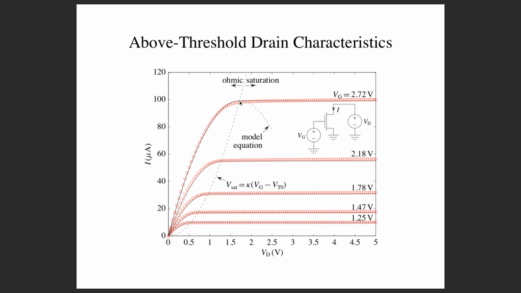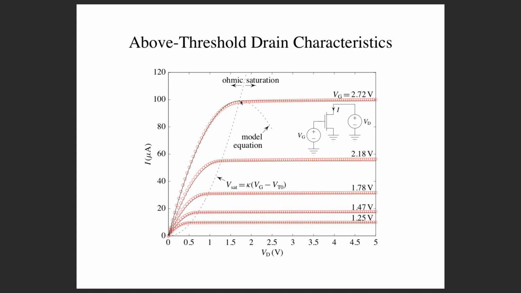That term comes from a charge density, and as you increase the drain voltage, that charge density gets smaller and smaller, and it doesn't go through zero. It goes into moderate inversion, then weak inversion, where the charge density asymptotically approaches zero, but it doesn't go through zero and change sign. So that's what's going on there.